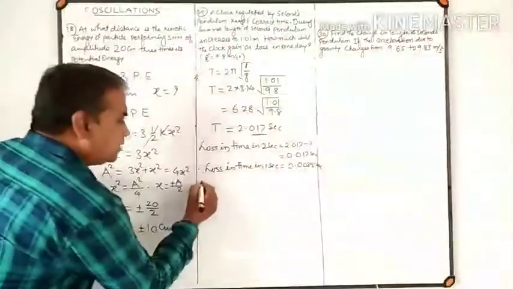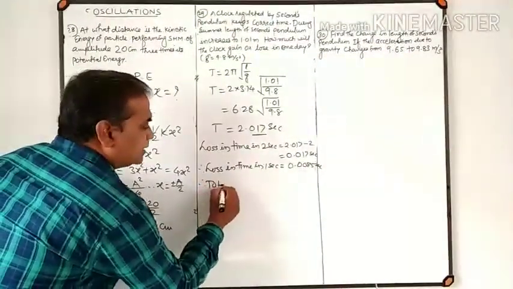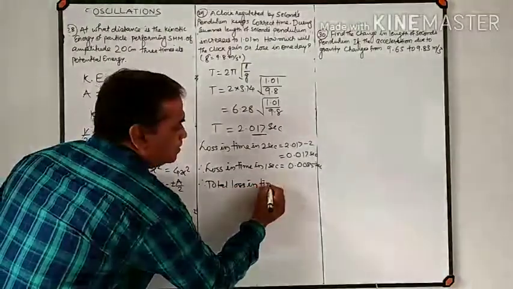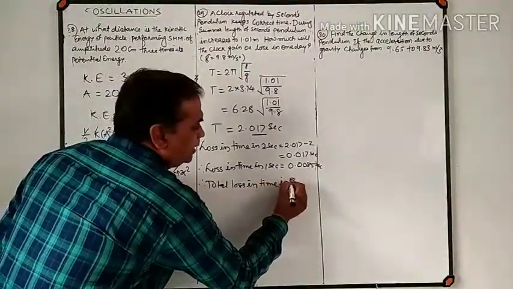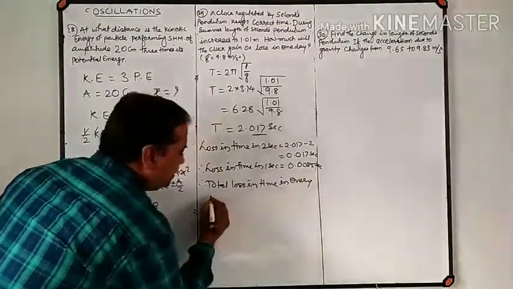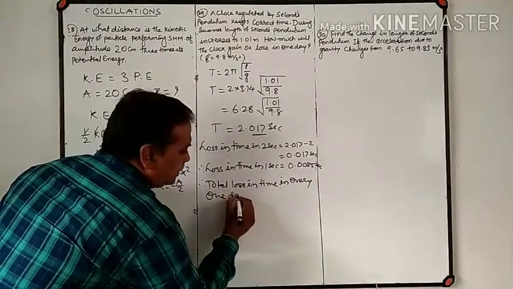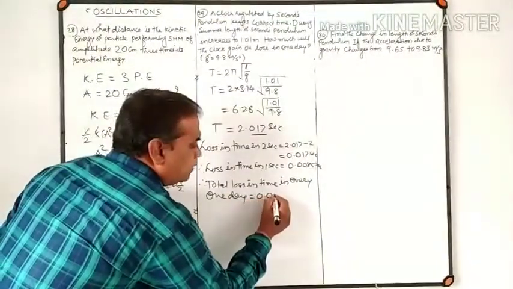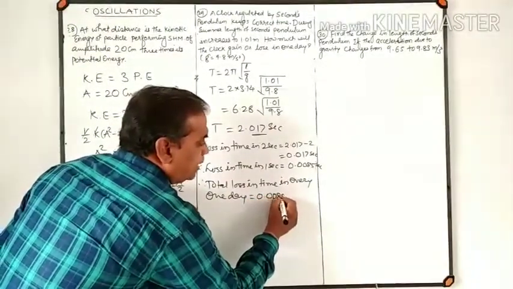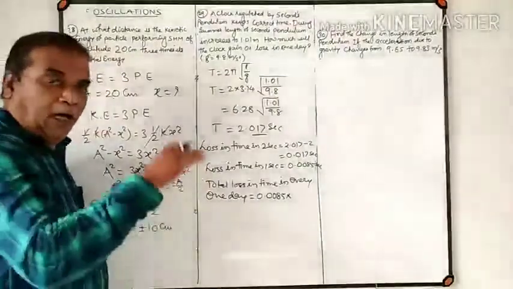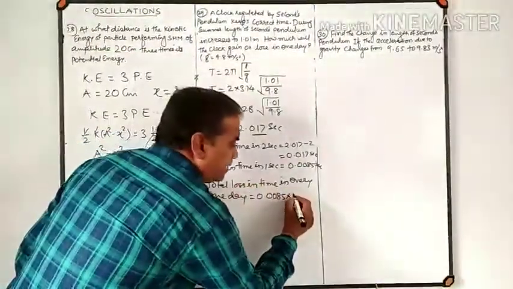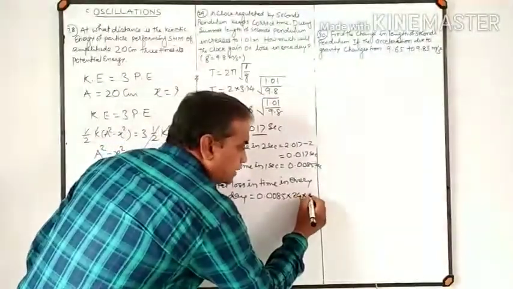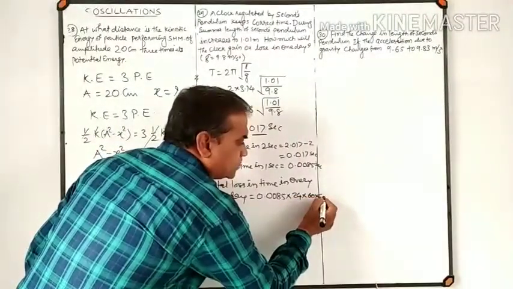Therefore the total loss in time in every 1 day is equal to the loss in time in 1 second, 0.0085, into how many seconds there are in 1 day: 24 hours into 60 minutes into 60 seconds.